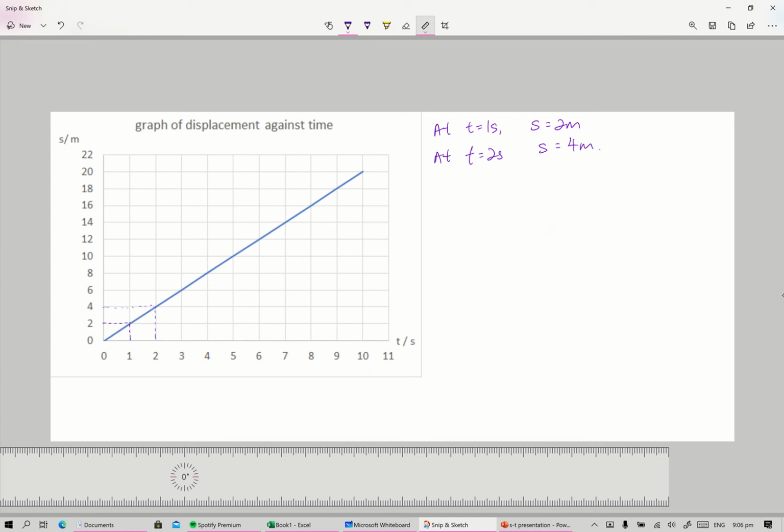So look here, when time increases by 1 second, your displacement increases by 2 meters.